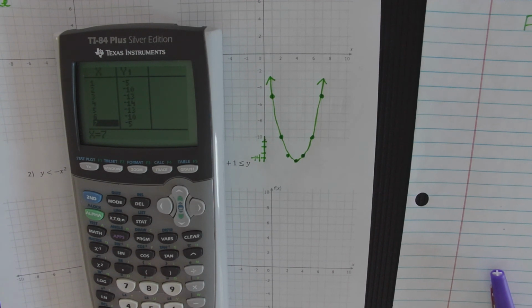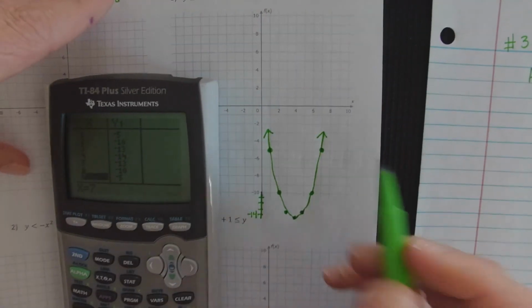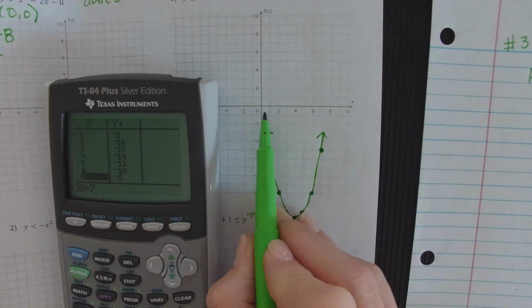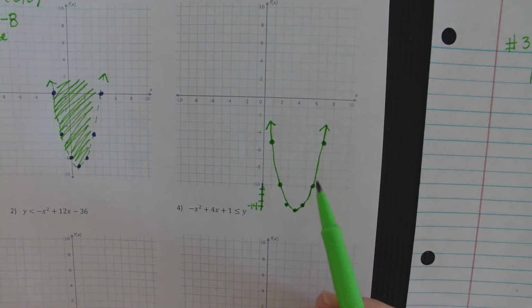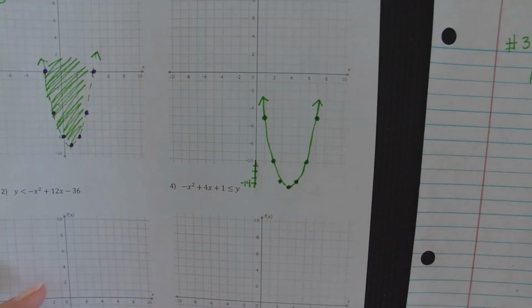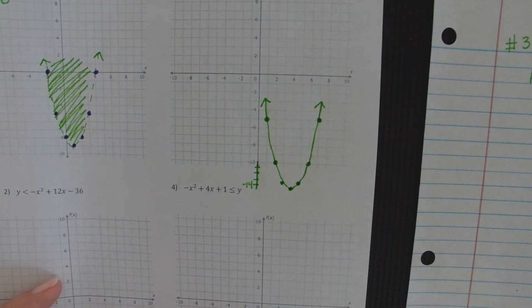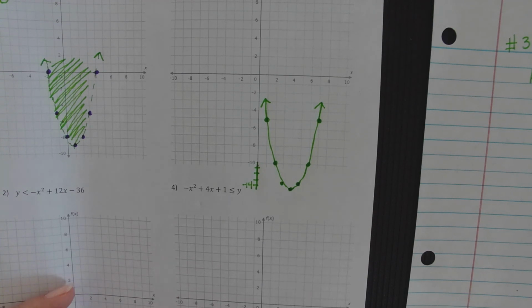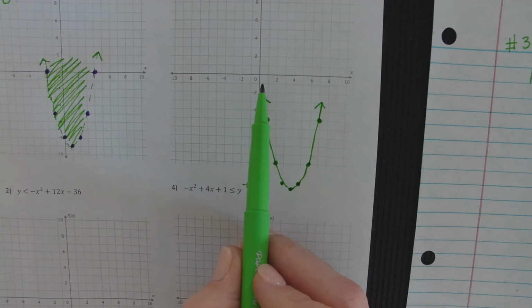Does anybody want to pick? Let's pick an easy point, like 1. That one's a little gray. Better be careful. We need to pick one that we know is definitely in or out. Could we do 0 and over? Okay, you're on the right track.